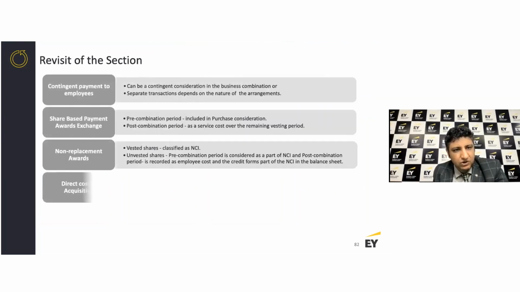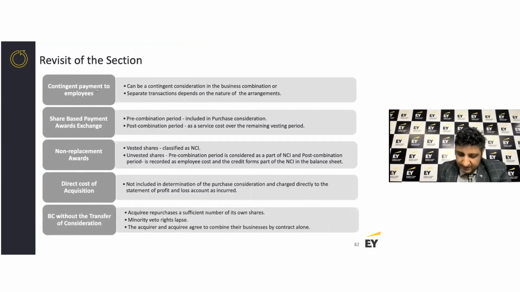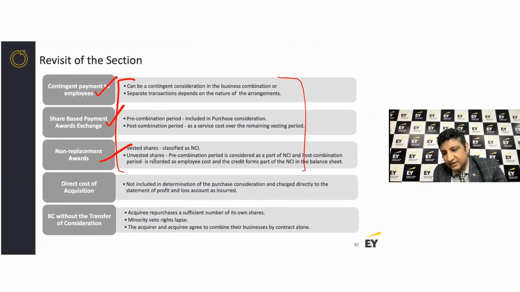We talked about all these things in detail, where we said that there could be contingent payments to employees, share-based payment exchange, or non-replacement awards, etc. They would all need to be considered from the perspective of whether something forms a part of the purchase consideration, or whether it becomes a part of post-employment or post-combination benefits offered to the employees, right? The other aspects of business combinations without transfer of consideration, or the cost of acquisition, etc., we have already talked about broadly.